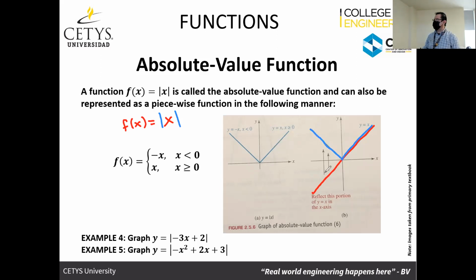So basically this part is eliminated and it's flipped over to the positive side. And that would be f of x equals the absolute value of x.